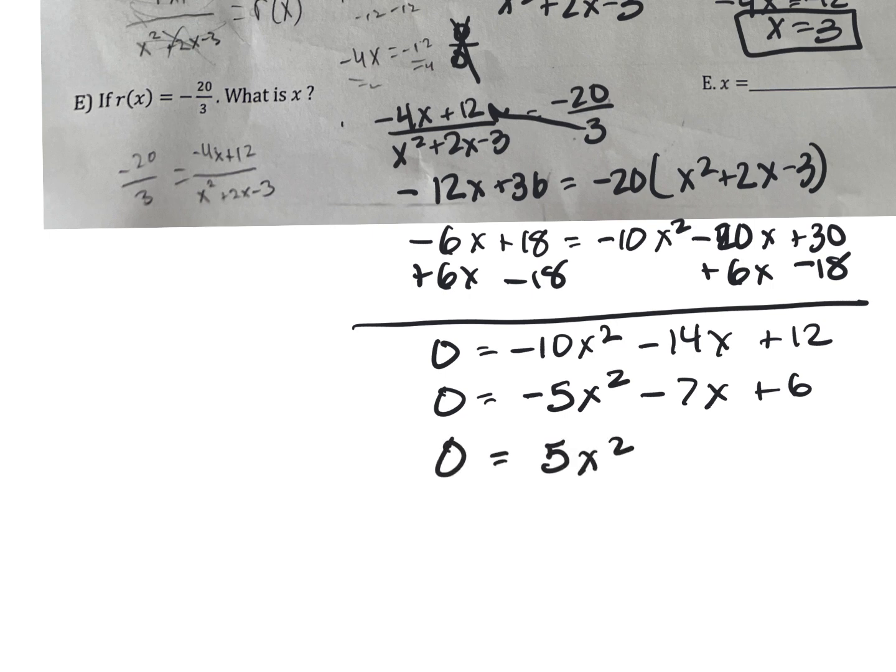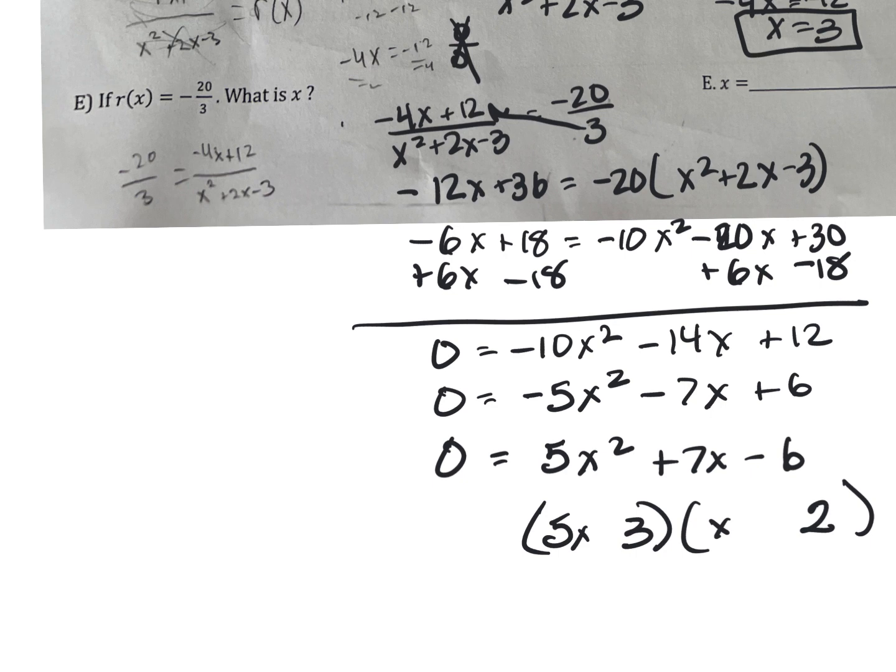I'm just doing this so it will be a little easier for me to factor. All right, things that multiply. So I have 5x and x here. 6 and 1. No, 2 and 3. 2 and 3 is 10. So yep, 2, 3. That's 10 minus 3 gives me 7 in the middle.